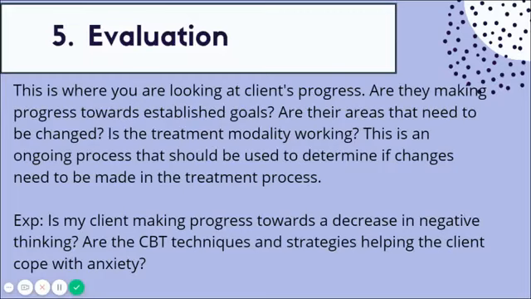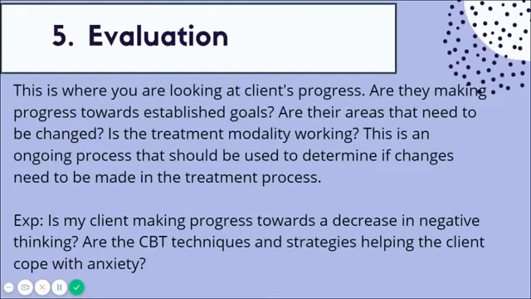This is a really, really important thing. It's going to be even more important as you move towards the end of treatment, because you need to make sure that they've met treatment goals before we can move to the next stage. So you're determining if they've made progress, if there's any changes that need to be made. The example we're going to use is, has your client actually made progress towards decreasing that negative thinking?